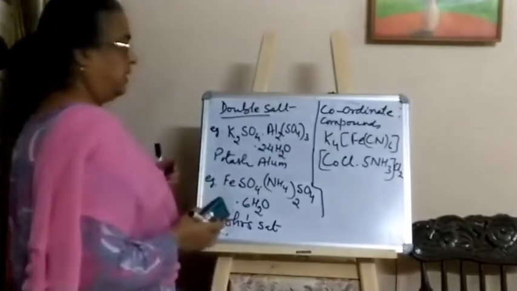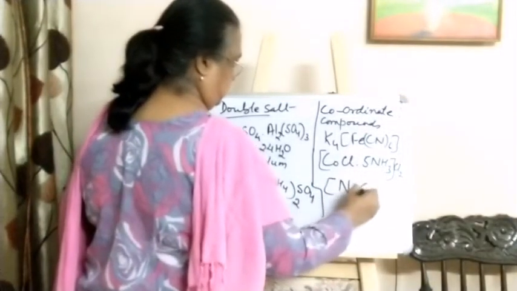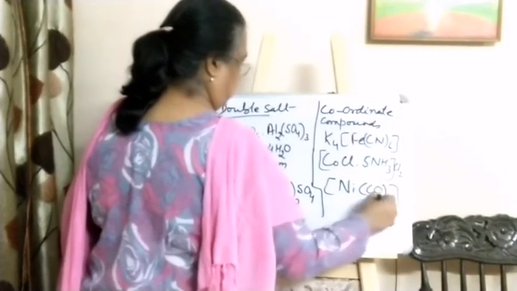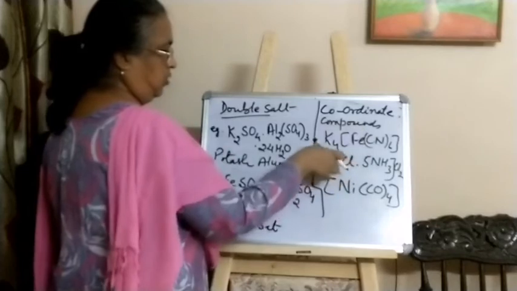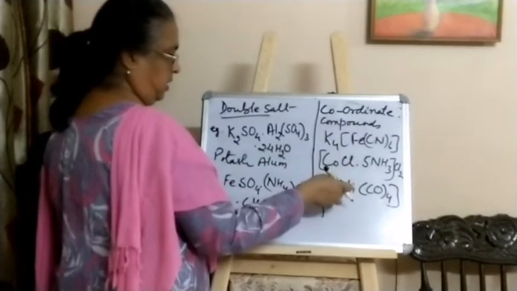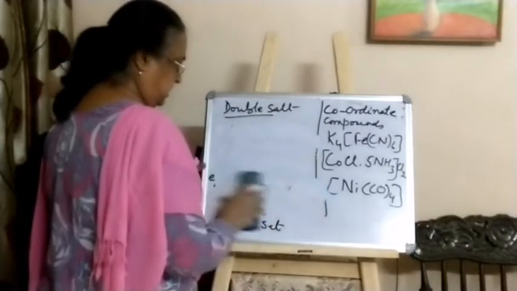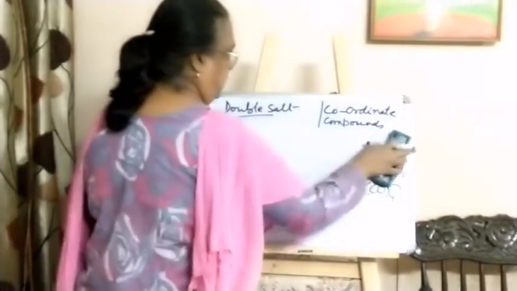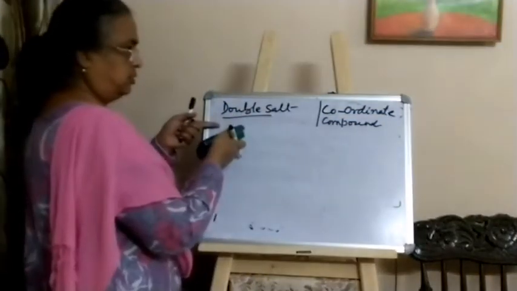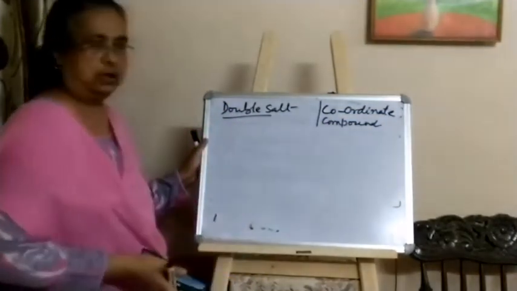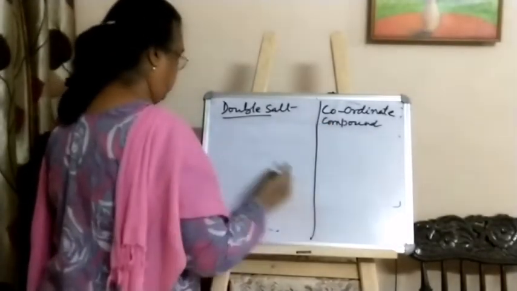This type also you have seen, and one we have done earlier, a neutral one. Here the complex entirety is negative, here it is positive, here it is neutral. So what difference did you see? In the double salts no square bracket is used, and here the square bracket is used when we write the formula.